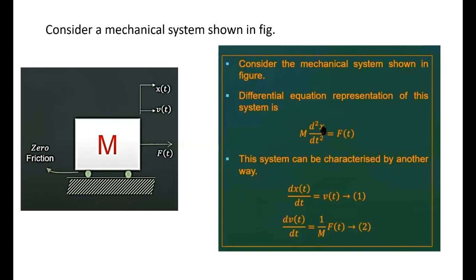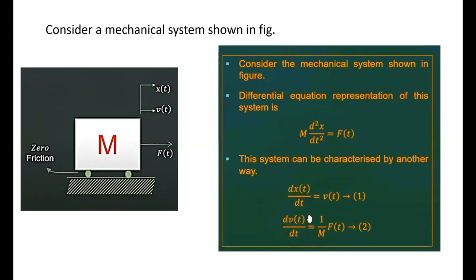What is the acceleration? Acceleration is the first order differentiation of velocity. And what is velocity? It is the first order differentiation of displacement x of t. So a is the second order differentiation of displacement, which is the first order differentiation of velocity.